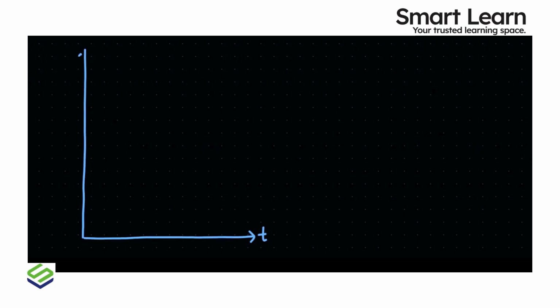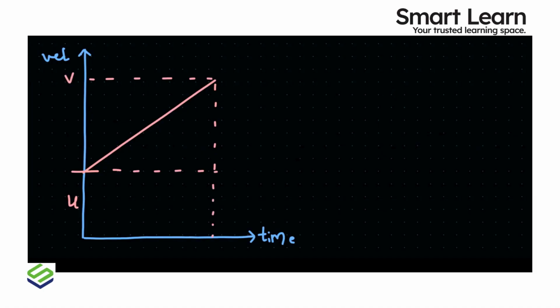In the introduction, it is said that initially it was having a velocity U. Then it uniformly accelerated for T seconds to attain a final velocity V. So I can mark this as the final velocity V, and this is the final velocity V. And we have the initial velocity as U. I'm marking all the points on the graph. This is O, A, B, C, and D.